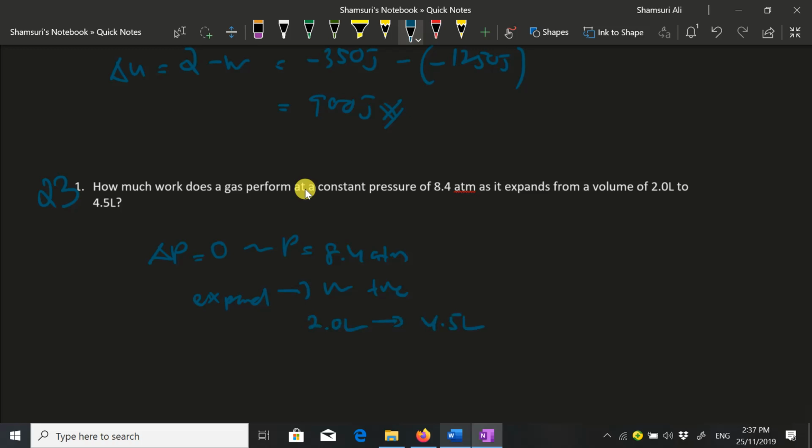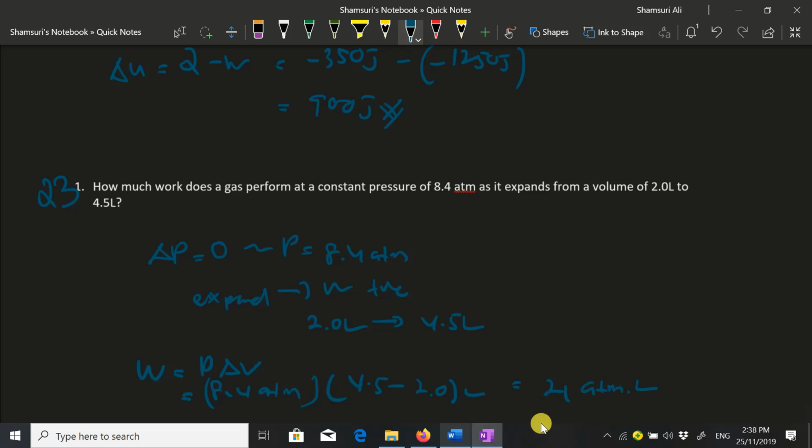So we can use the same equation, W is equal to P delta V. We know that the work done is P, so 8.4 atm, with the thermal liter, so we can just maintain the volume in liter: 4.5 minus 2.0 liter. So we come to 18 atm liter.